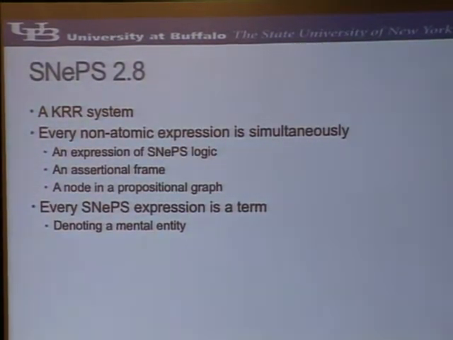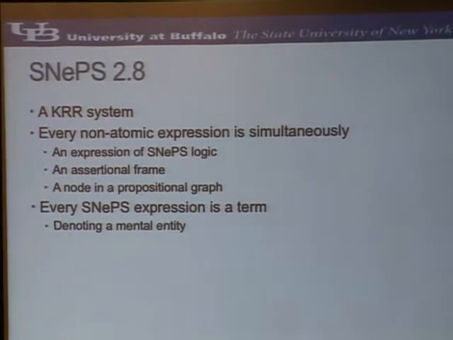So the knowledge layer is implemented in SNePS, the latest version of which is SNePS 2.8, although another PhD student is developing yet a more recent version. So this is a KR system, or KRR, knowledge representation and reasoning.